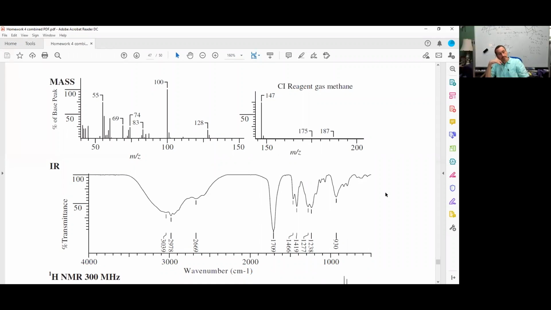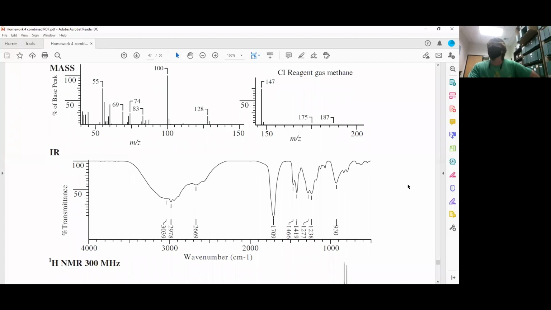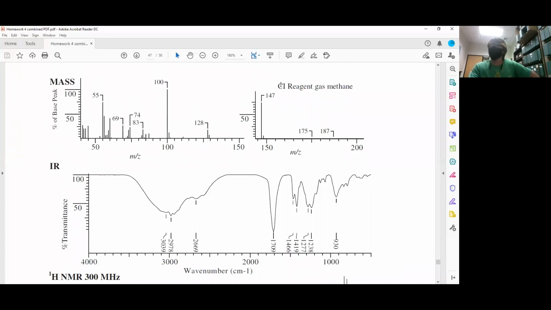Yep. Okay. My strategy is, first of all, if there's a chemical ionization, subtract 1 so that you have the right number. Second of all, the nitrogen rule says that if we have an odd number molecular ion peak, then most of the time we have an odd number of nitrogens. So factor that in.